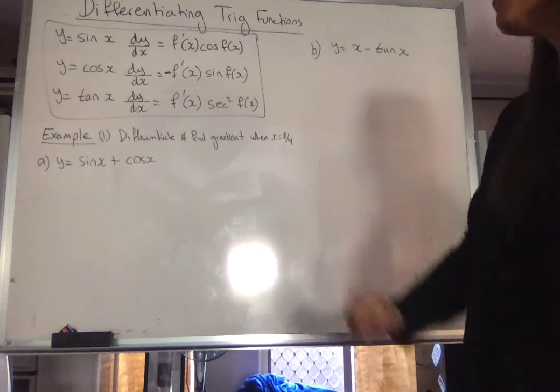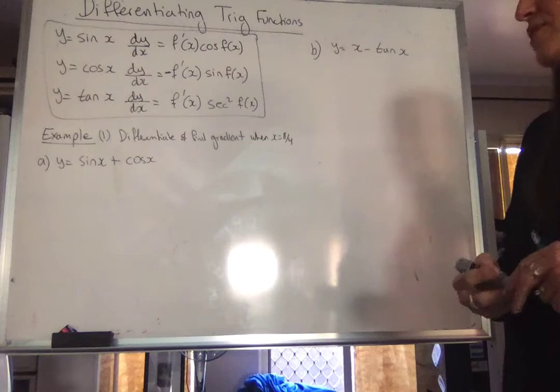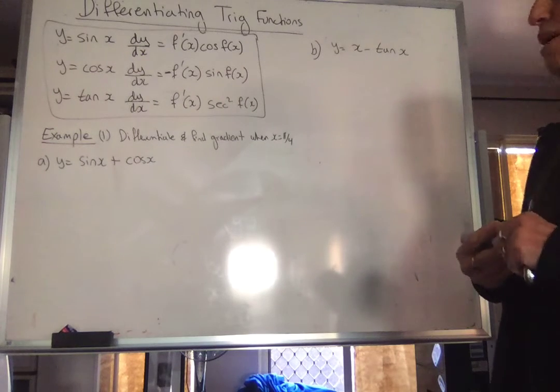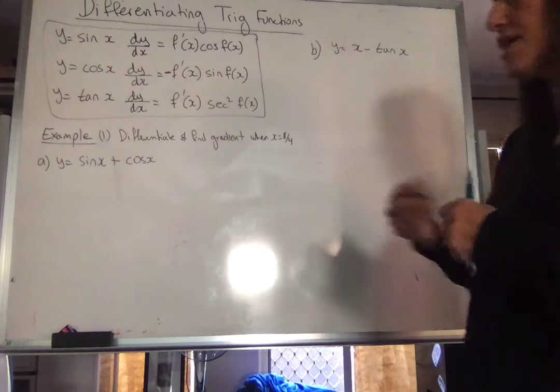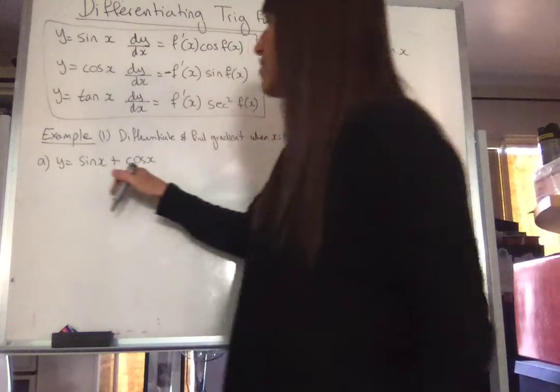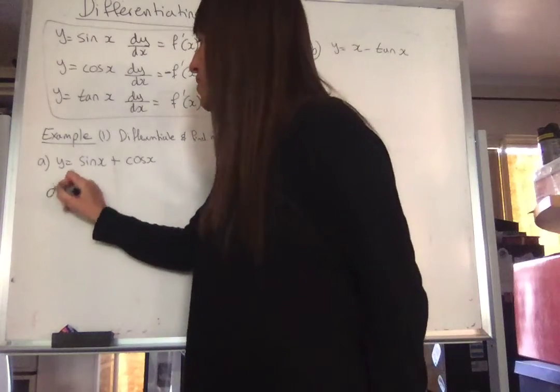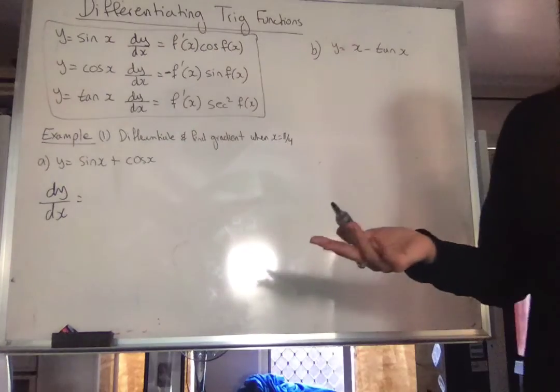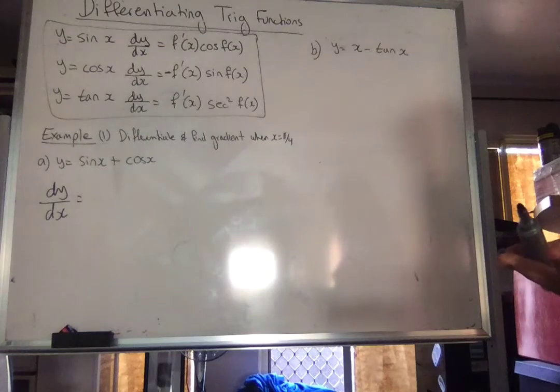All right, let's have a look at the first example from the slides. The first example says to differentiate and find the gradient when x equals pi on 4. So let's start. So here we have y equals sine x plus cos x. So dy dx is equal to, all right, what's the derivative of sine x?